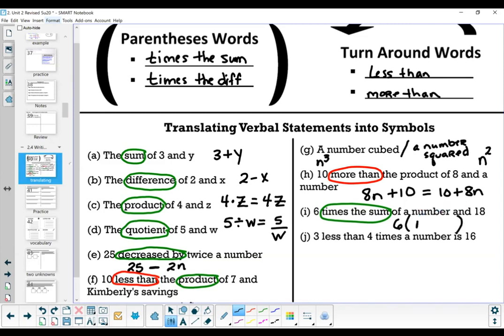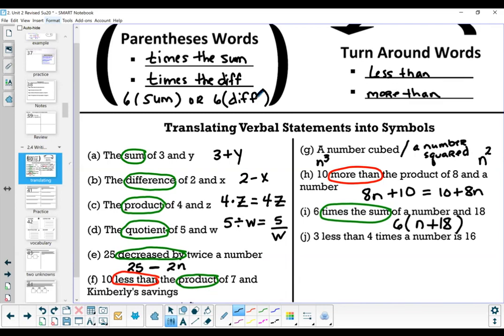So a variable plus 18. Okay, so 6 times the sum, we have 6 times a number, and then we put the sum in parentheses, or 6 times, and then we put the difference in parentheses.